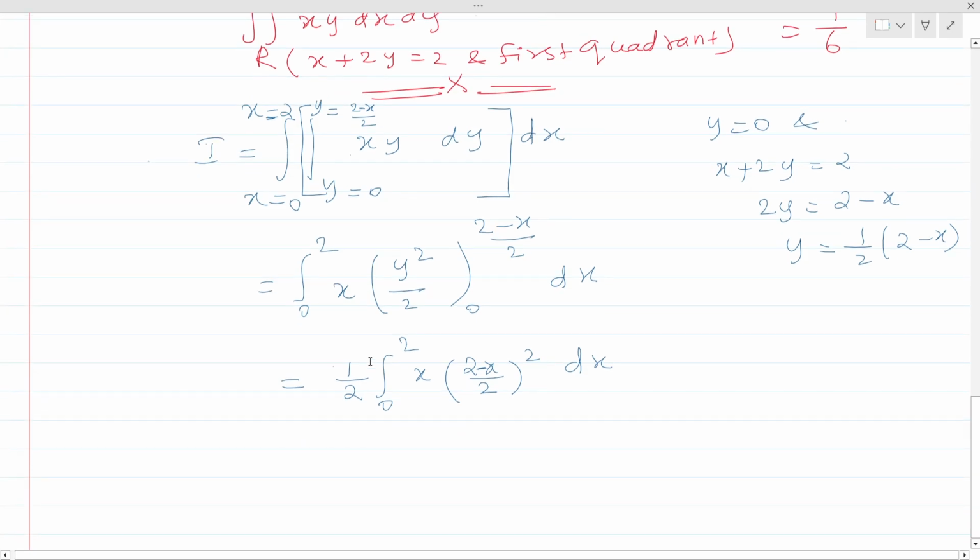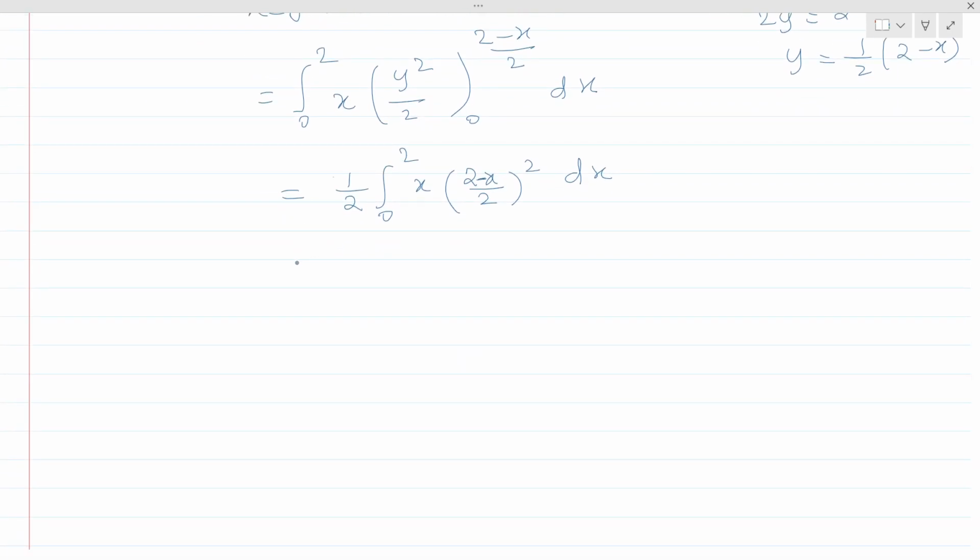Already 2 is there, and squaring the denominator 2, we get 1 by 8 integral from 0 to 2 of x into (4 plus x square minus 4x) dx.